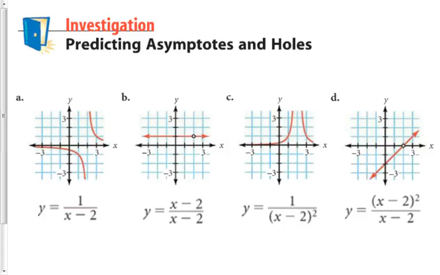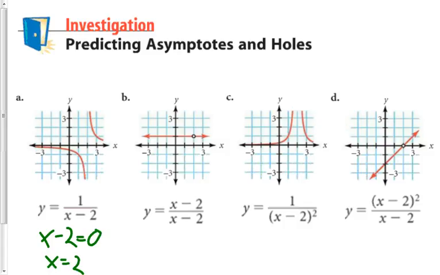Here's an investigation directly from our book. First of all, I'd like to see if there's a vertical asymptote. So, I need to find the roots of the denominator. So x minus 2 equals 0. I have a root at x equals 2.